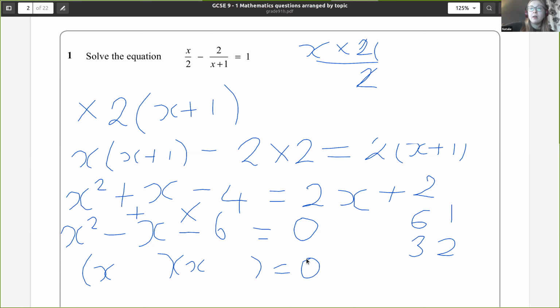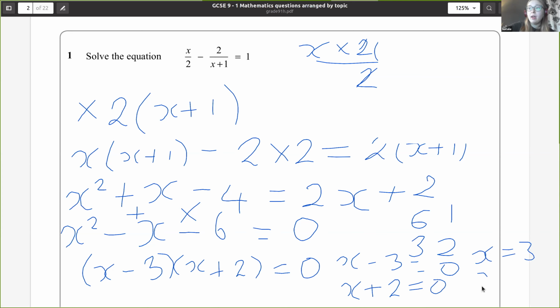I'm going to need the 3 to be negative because I end up with minus 1. Minus 3 add 2 gives me minus 1. And so making each bracket equal to 0, x minus 3 equals 0, or x plus 2 is equal to 0. And so x is equal to 3, or x is equal to minus 2. And there we have it. We have solved that equation.